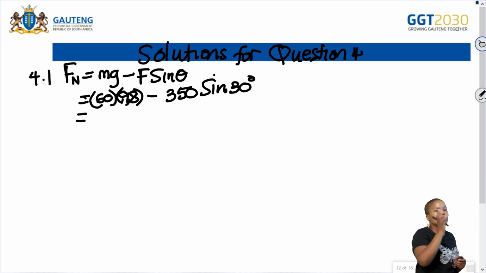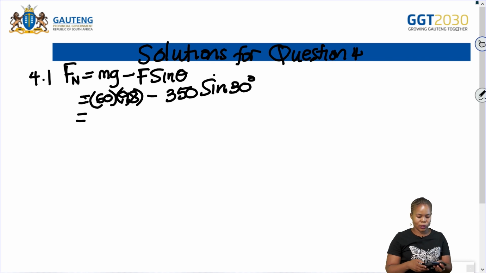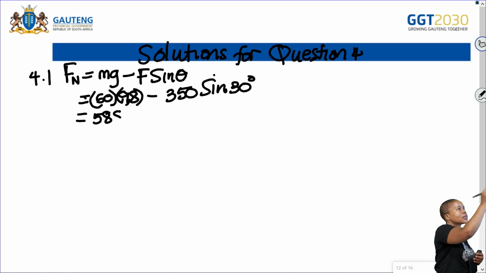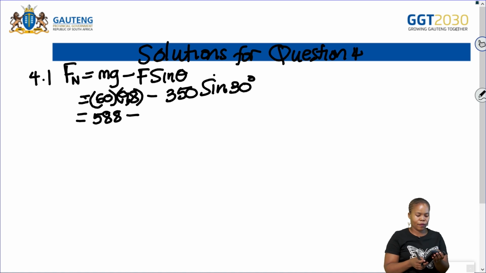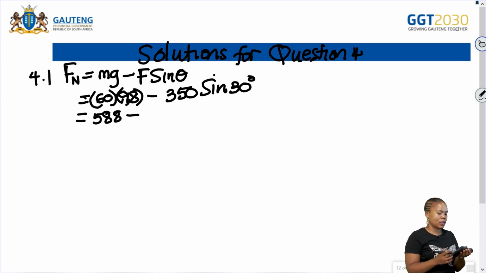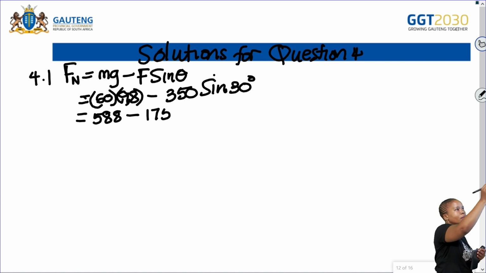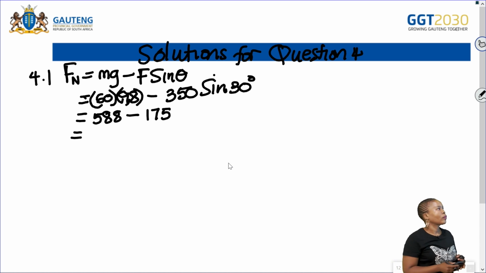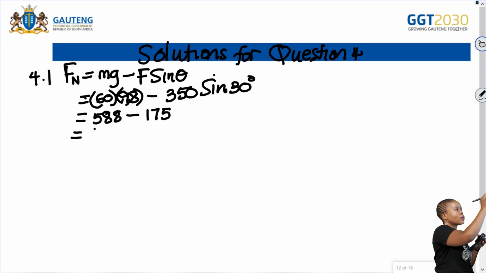You find the solution of either side by using your calculator. So it's going to be 60 multiplied by 9.8, which is 588, minus 350 sine of 30 degrees, which is 175. 588 minus 175 is giving us 413 newtons.